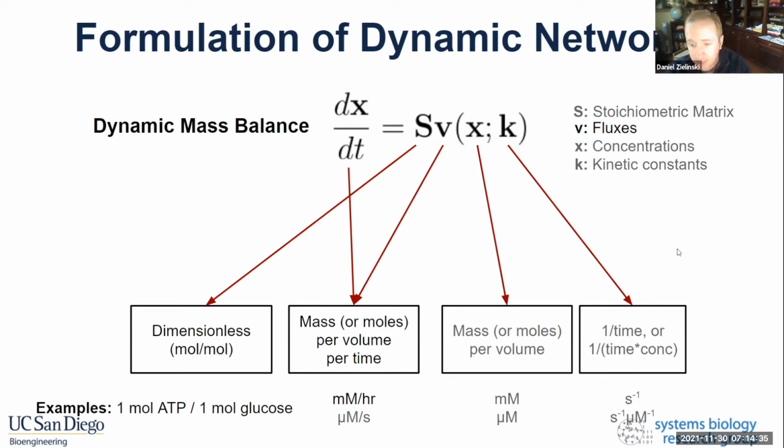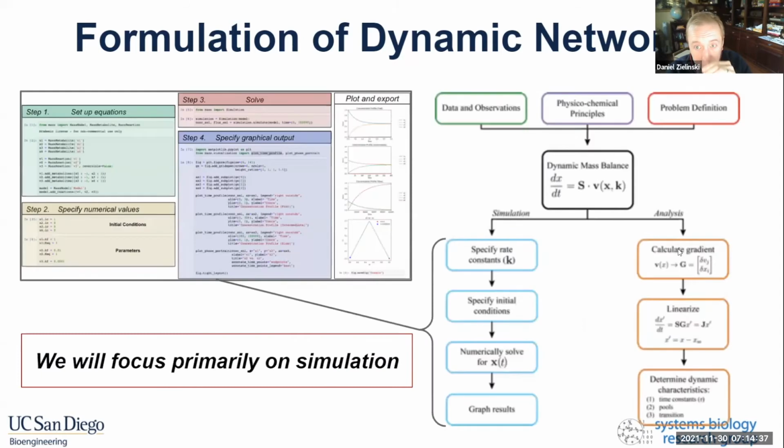So what this ends up looking like is something like this, where we have to define our system, we have to define our conditions, and then our data, so any kind of metabolite or enzyme concentration data, and we define our dynamic mass balances, and we end up with this kind of differential equation system.